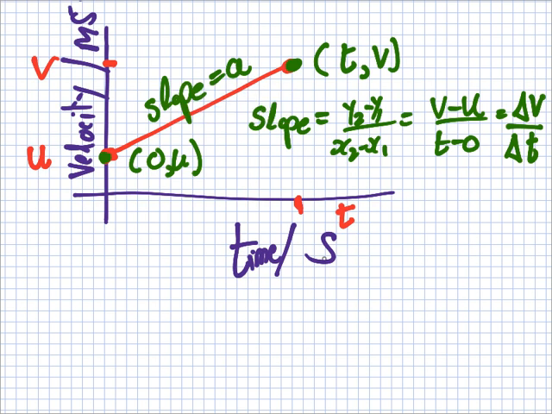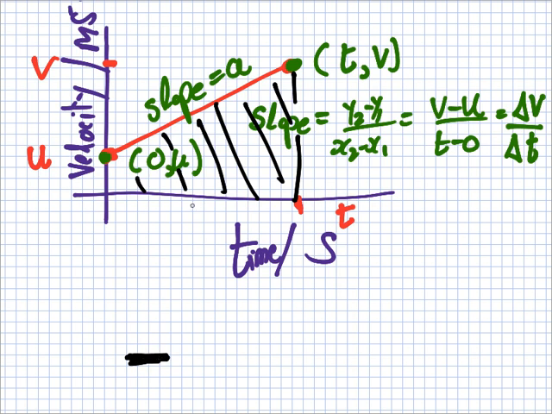And lastly, let's have a look at what the area represents. Okay? Let's look at the units. What units is the x-axis in? Seconds, isn't it? And what is the y-axis in? Meters per second. So what would the area be in?